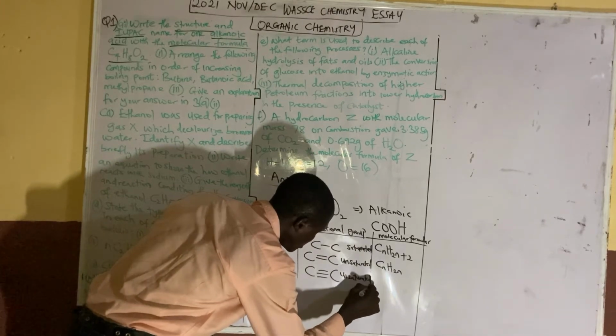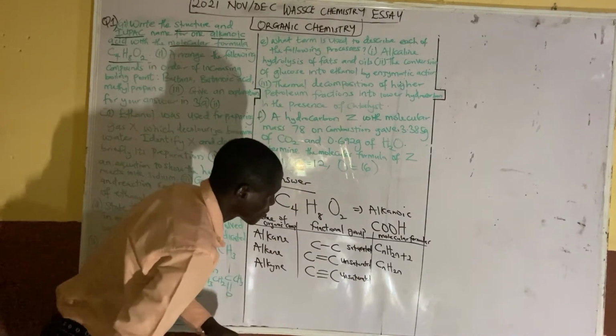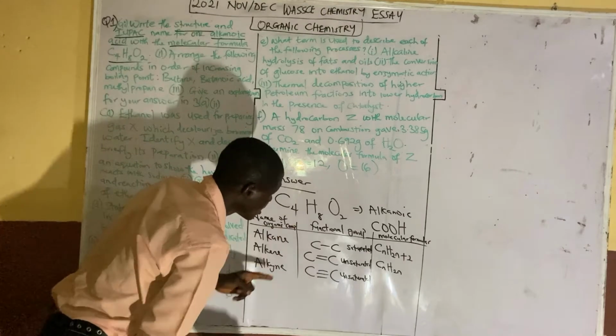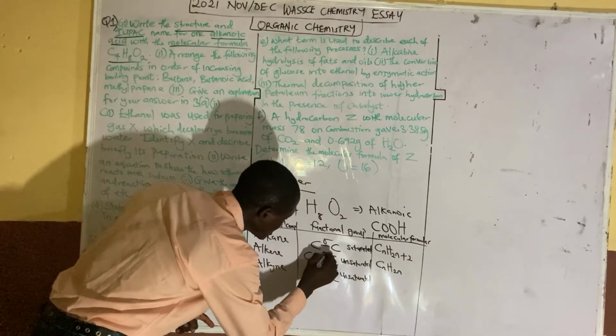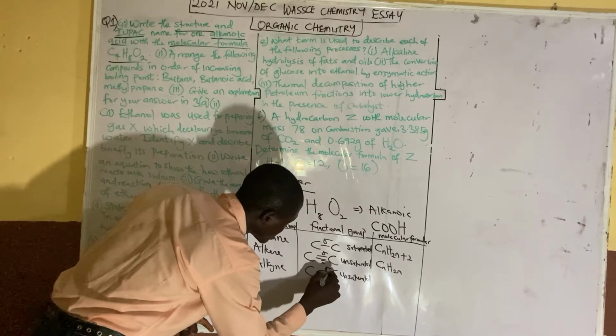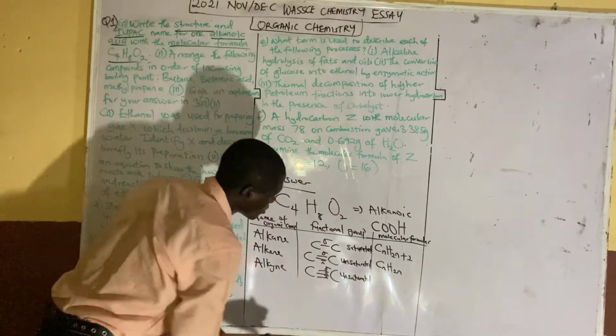What makes it saturated or unsaturated is that the alkane contains only a single bond, which is sigma, while alkene contains sigma and pi, and alkyne contains sigma and two pi bonds. That's why they are unsaturated.